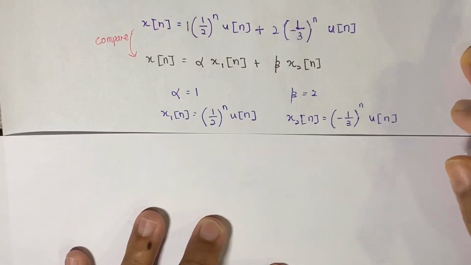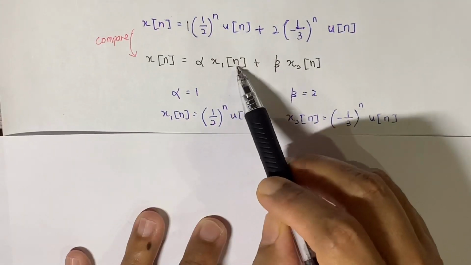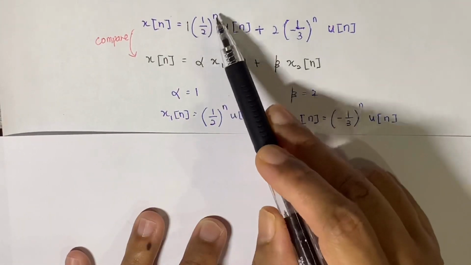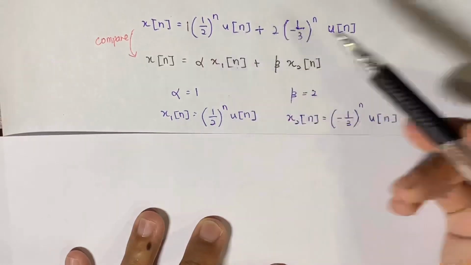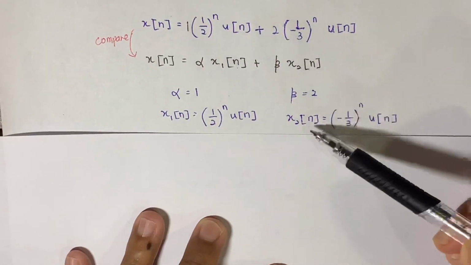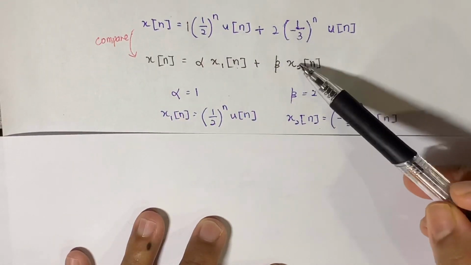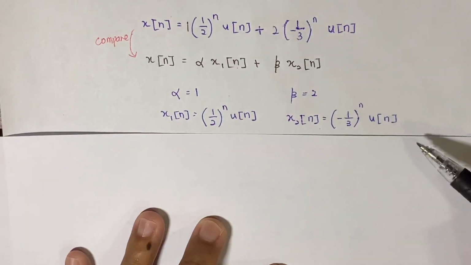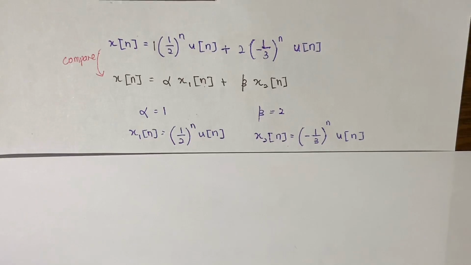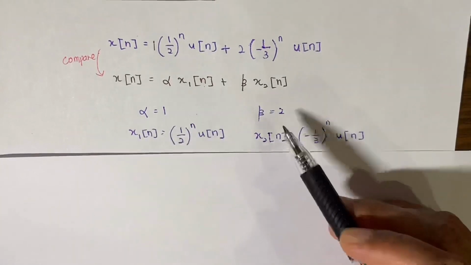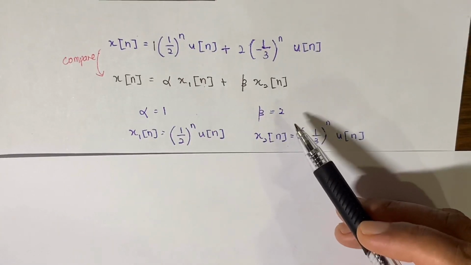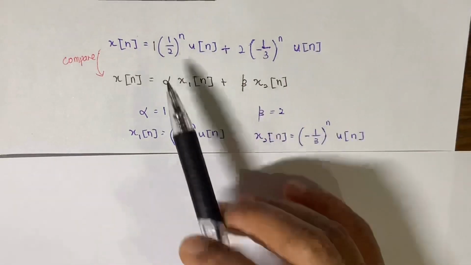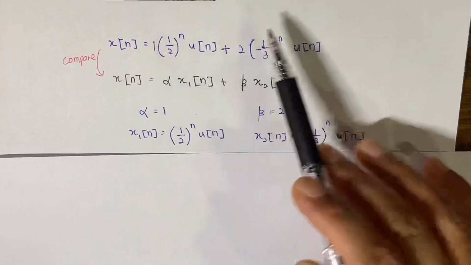Next, x1[n] equal to (1/2)^n u[n], and x2[n] equal to (-1/3)^n u[n]. Actually, alpha and beta are the scaling numbers, the scale of this signal.